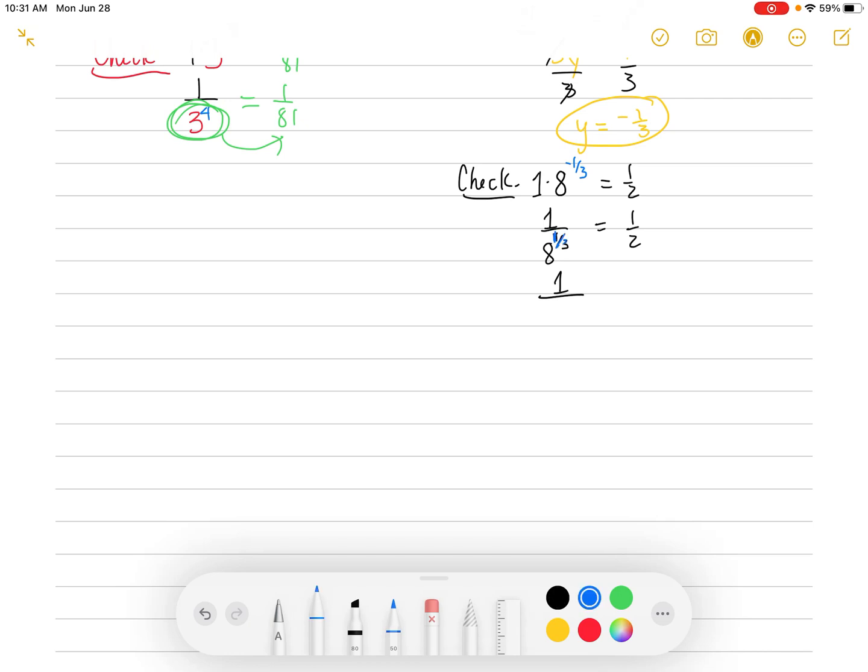So you make that negative 1/3 a positive 1/3 on bottom. Now let's do 8 to the 1/3 power. What does that mean? The 1/3 power means the 3 on bottom of the fractional power means you take the cube root, and then the 1 on top of the fractional power means you raise it to the 1 power.